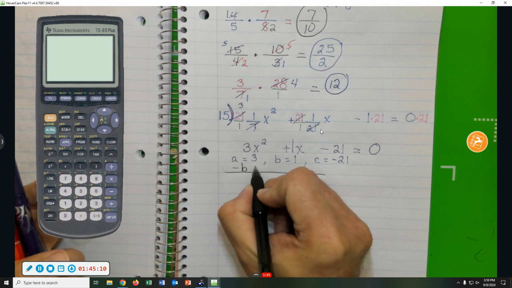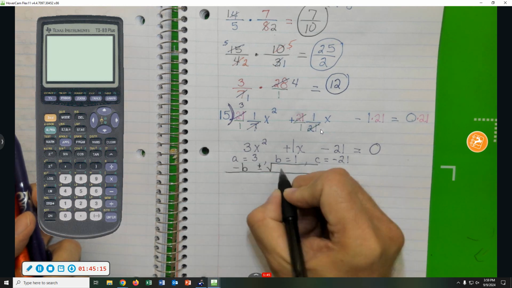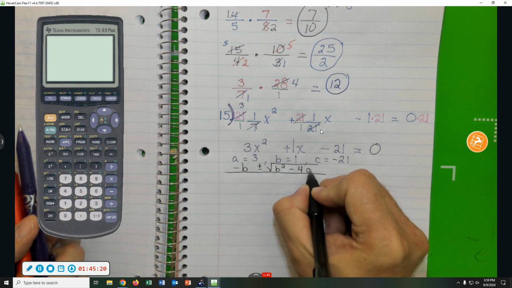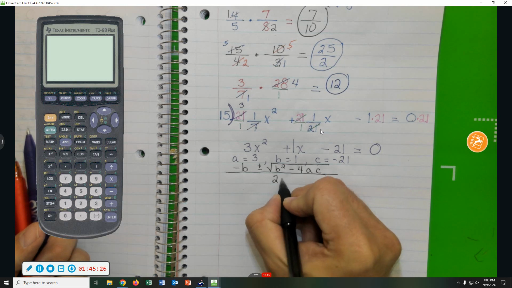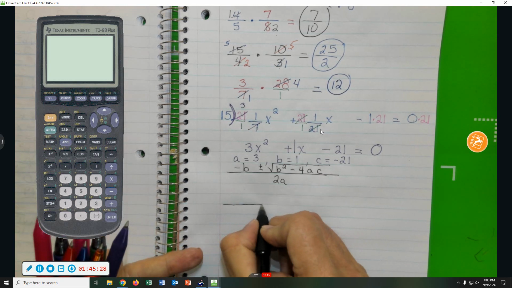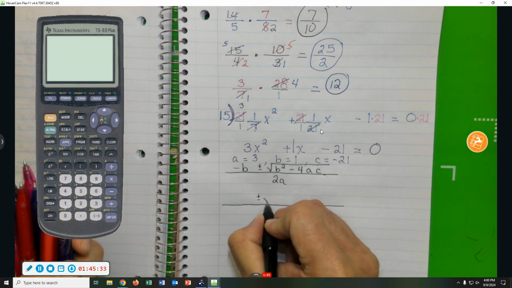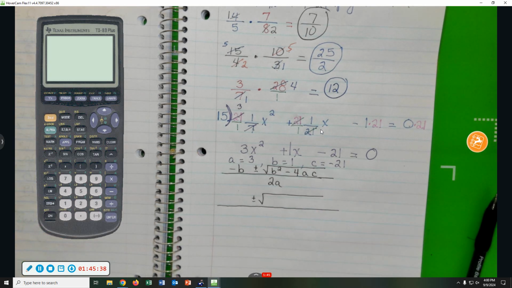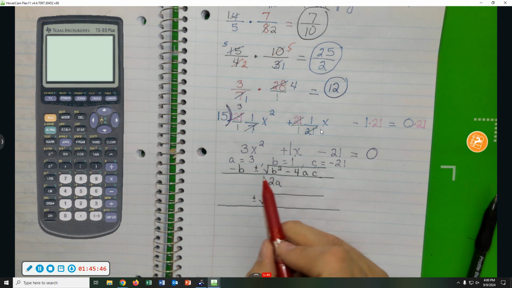I'm writing down the quadratic formula. Negative b plus or minus the square root of b squared minus 4 times a times c, all over 2 times a. Okay, so we're going to get started with negative b. What am I going to write there? Negative 1.